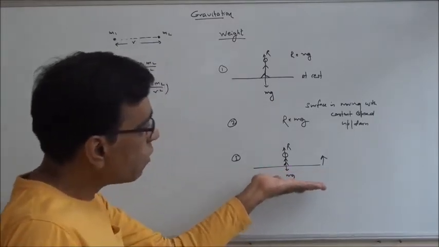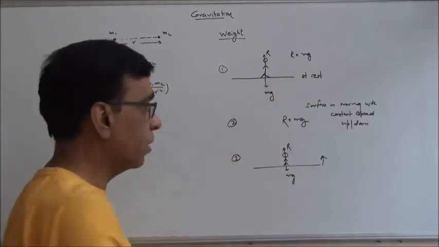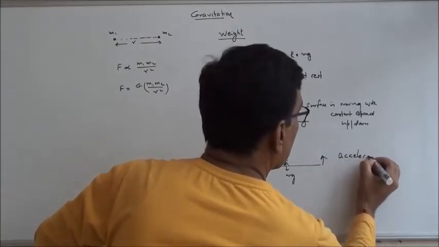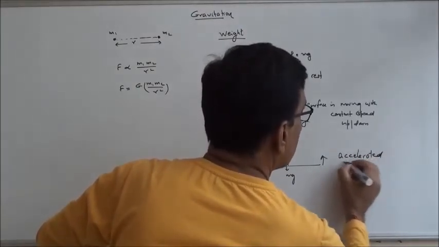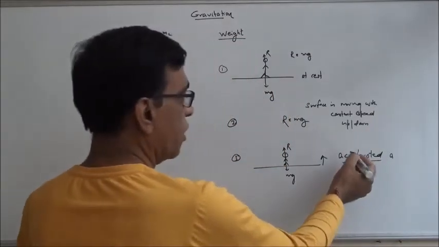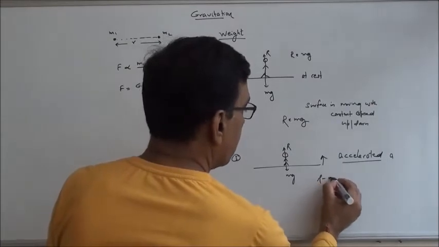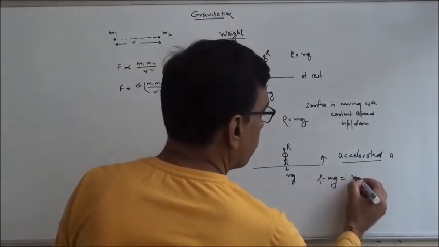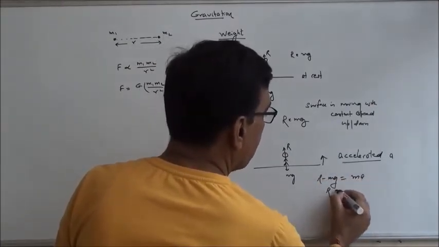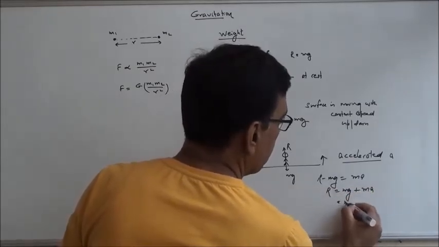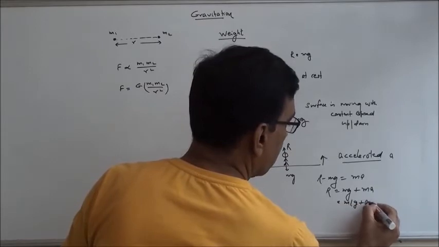If the surface is accelerating upward, not just moving, with an acceleration a, it means there is a net force up. So R minus mg is equal to ma, and R is equal to mg plus ma, or m(g plus a).